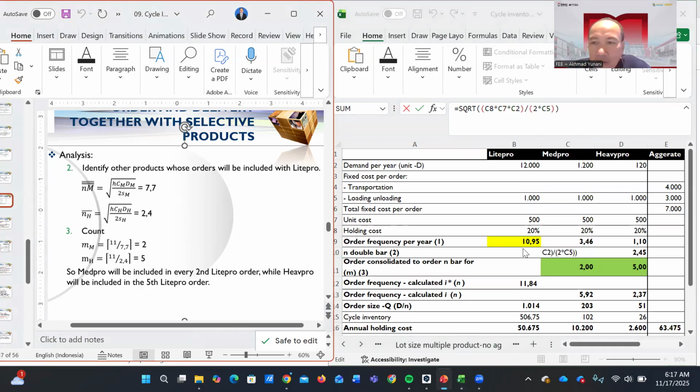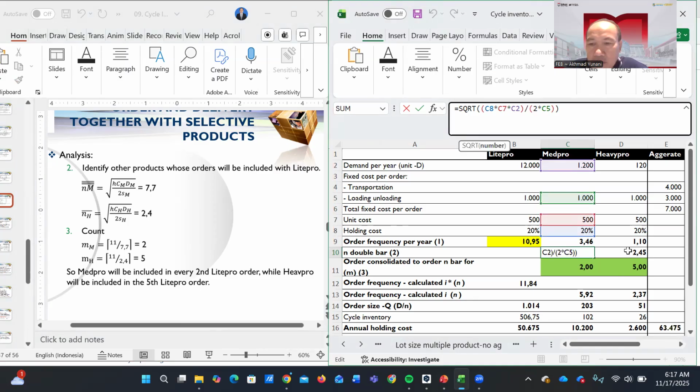Okay, and then for HiFi Pro, we find using the same way, here, square root of 20% of unit price, unit cost, times demand for HiFi Pro here, divided by 2 times little s for HiFi Pro.